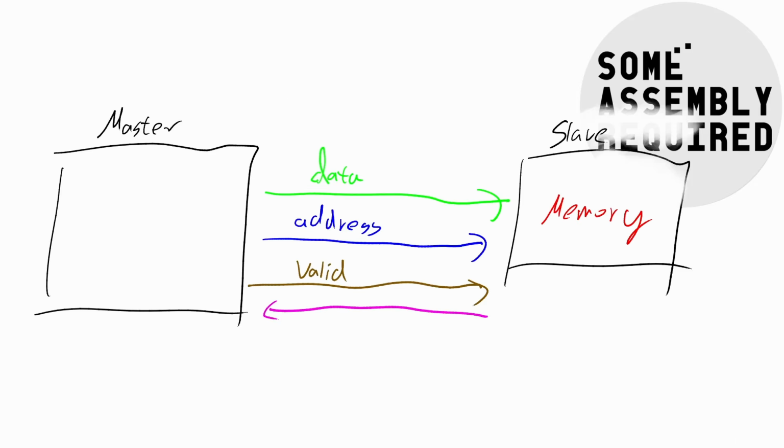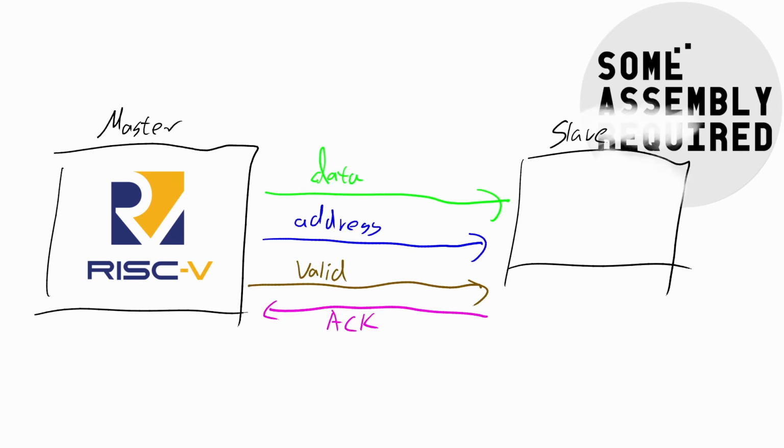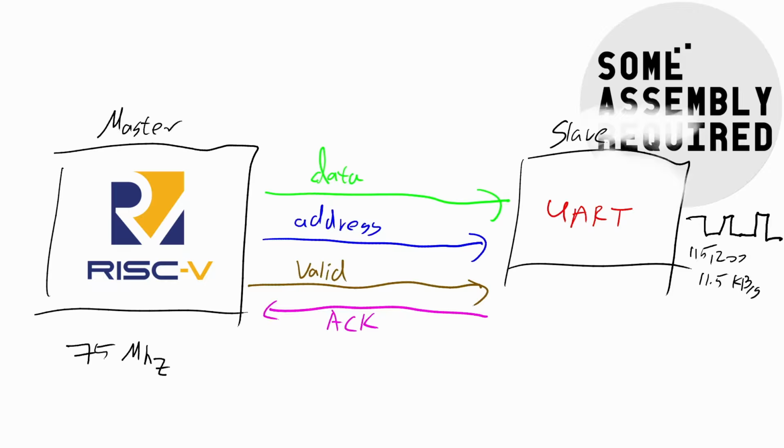The second signal, which I call ACK, comes from the bus slave. It indicates that the slave device is ready to perform a bus operation. This allows devices with different inherent speeds to talk to each other. So when our RISC-V, running at 75 MHz, wants to send a byte over UART, running at 115,200 baud, so able to accept data at 11 kilobytes per second, this is the mechanism that ensures that data isn't lost.